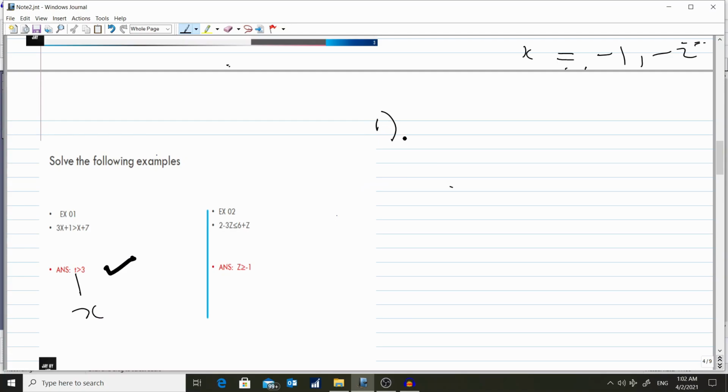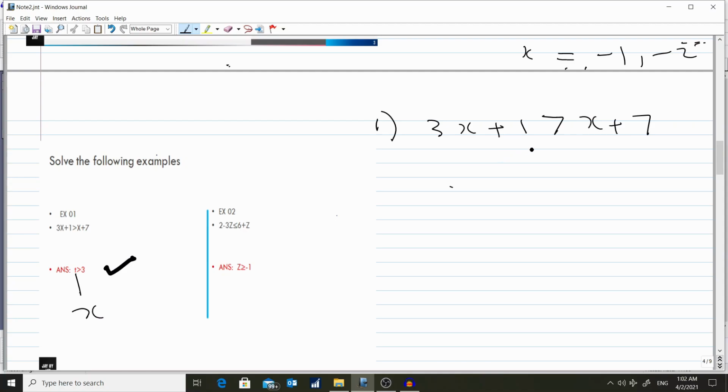The first one is given as 3x plus 1 greater than x plus 7. Here we need to find the x values that satisfy this inequality. In order to do that, we first need to move the x to the left or right hand side.